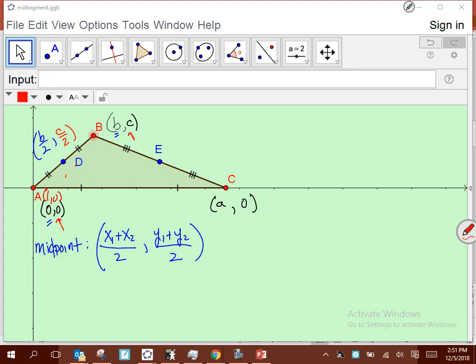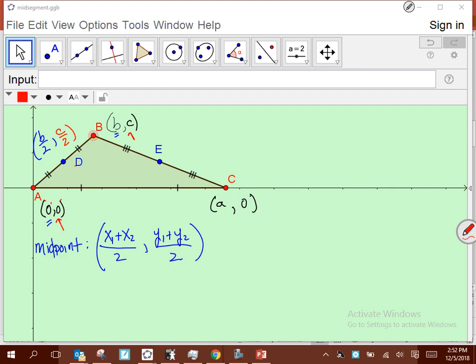Does that make sense? But it allows the algebra to be so much simpler if we let that point A be 0, 0. So would the midpoint formula basically be finding the average of the line? Yes. You've heard me say that when we first introduced the midpoint, we said the average of the x's, comma, the average of the y's. So yes, that would be true.